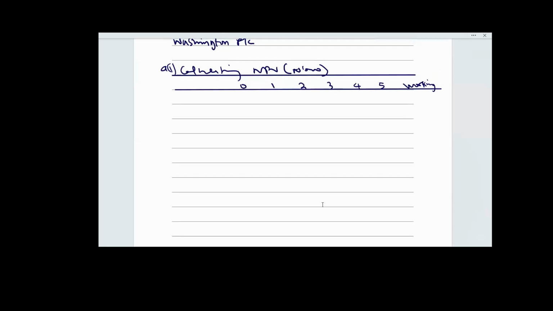You already know the format whenever you want to calculate NPV. Go straight to your workings. Go to the question. Are you given selling price? If yes, is there any inflation rate? Then inflate. If there's no inflation rate, just multiply the selling price with the number of units sold. But if you have selling price and inflation, inflate the selling price, multiply with number of units sold, then you come and post. So you don't need to waste time at all.